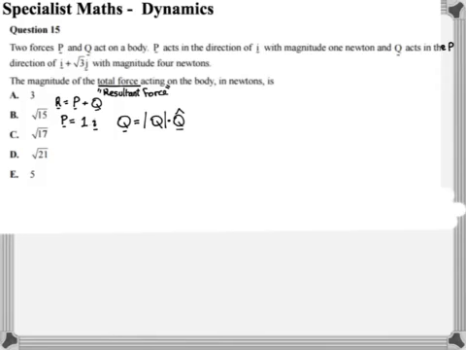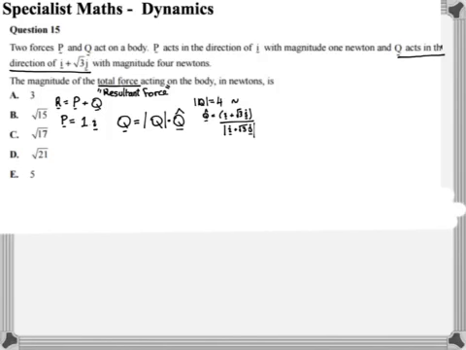The unit vector of Q will be the same as the unit vector of the i plus root 3j. So direction is the same for Q and for this vector.